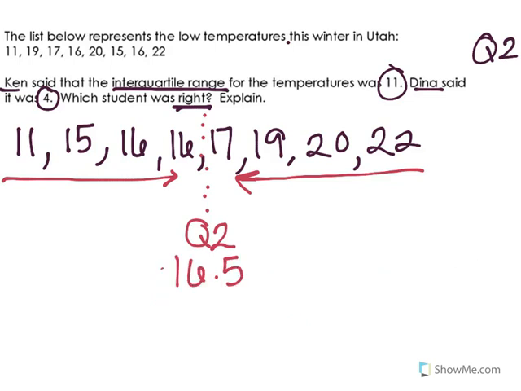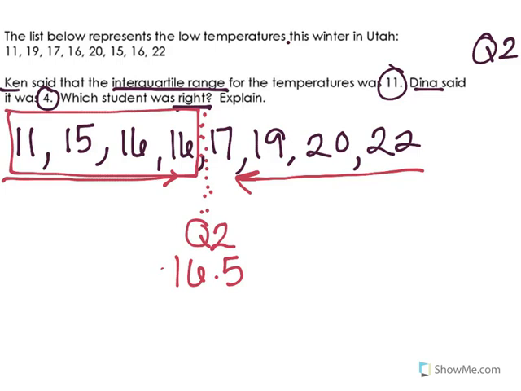Now that I have found quartile 2, which is my median, I'm going to find quartile 1. Quartile 1 is going to be the median of the lower half of my data set. Since my quartile 2 was in between 16 and 17, the numbers that I am looking at for my lower half are all 4 of these, so 11, 15, 16, and 16.